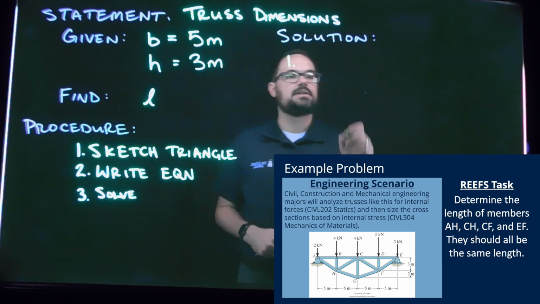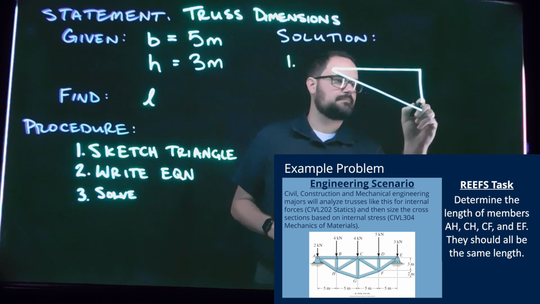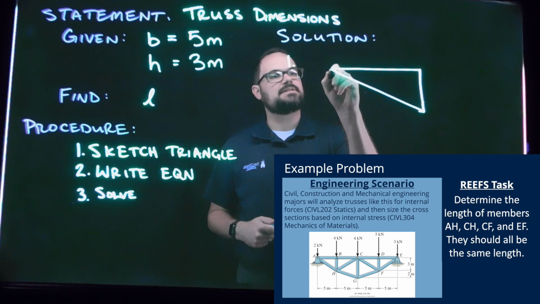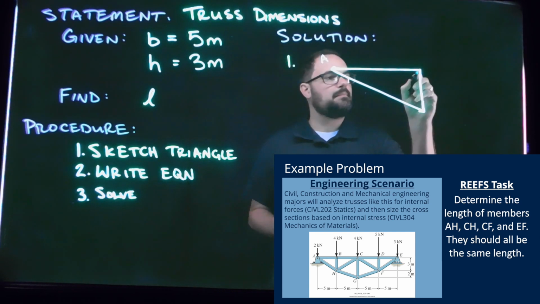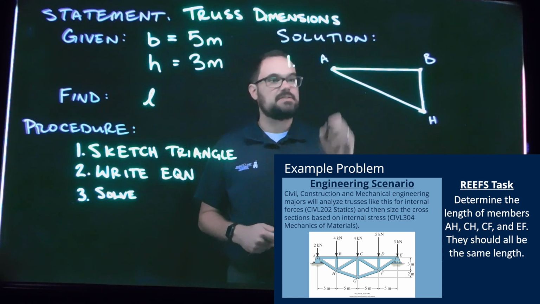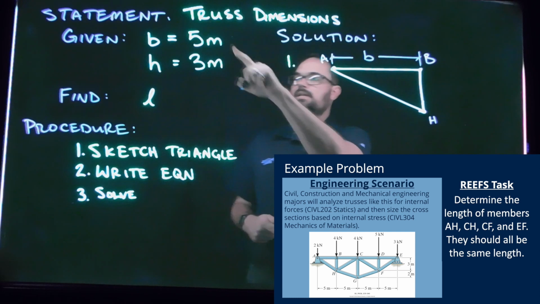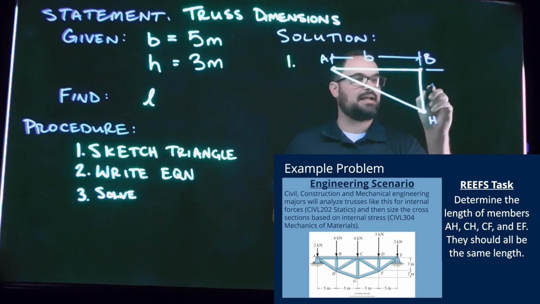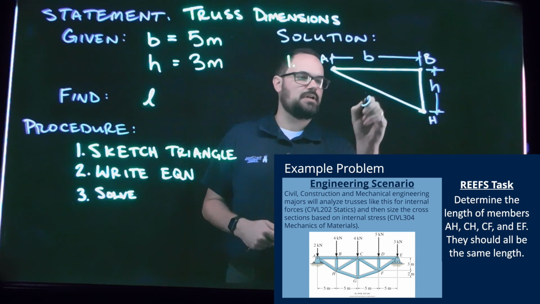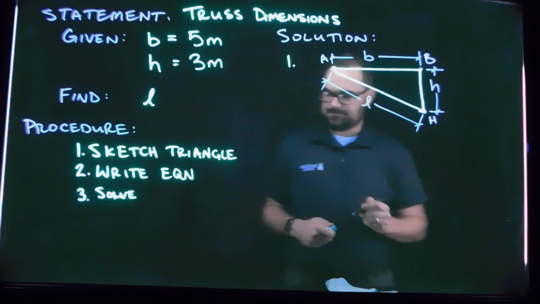So our sketch will look something like this, where I have the locations on my truss, so A, B, and H, and then I have my dimensions, B, which is 5 meters, and my height, H, which is 3 meters, and I'm looking for this hypotenuse or diagonal dimension, L.